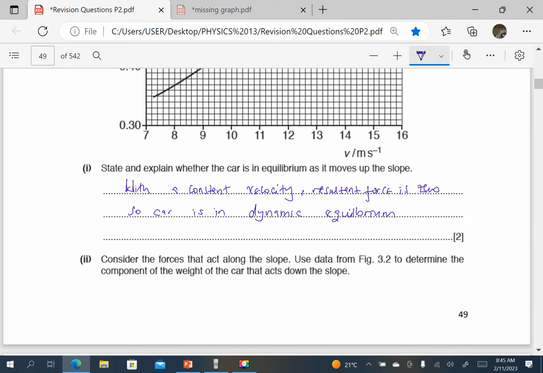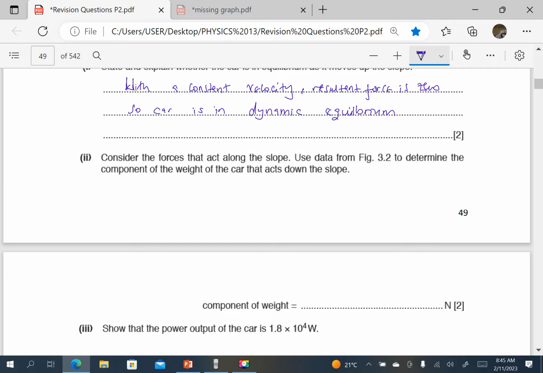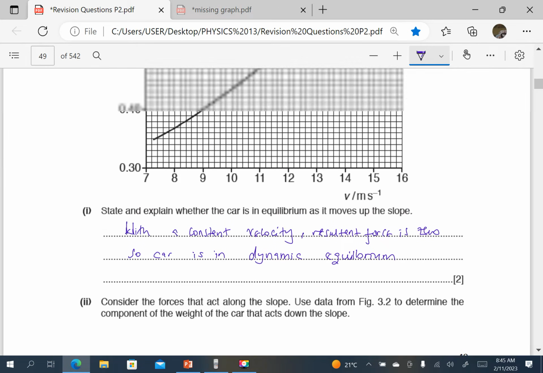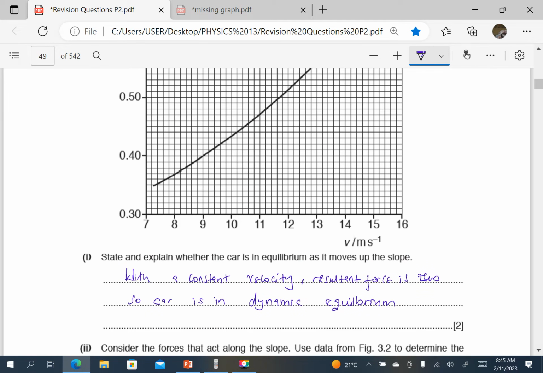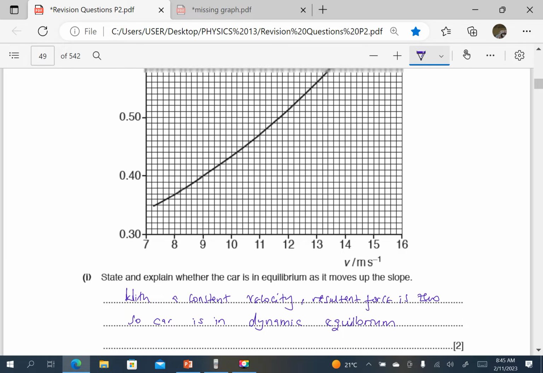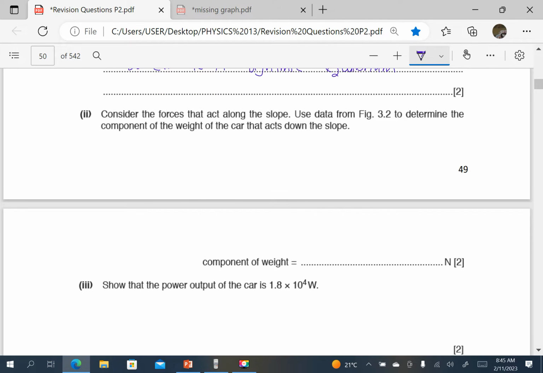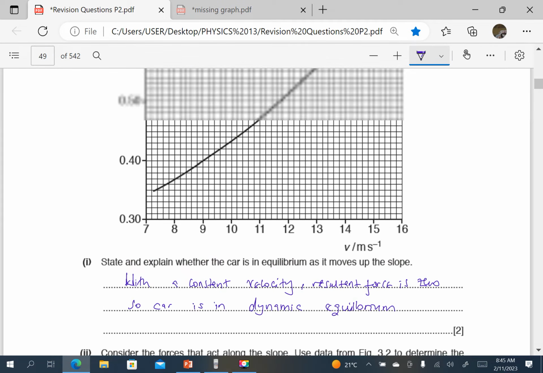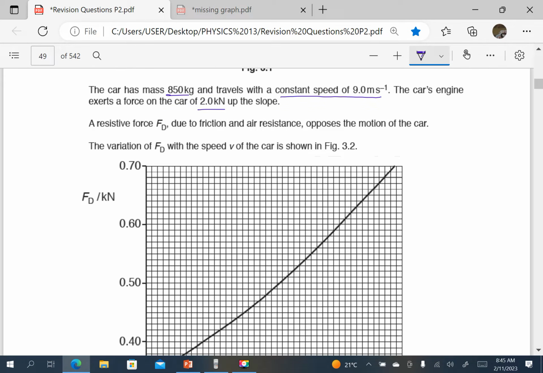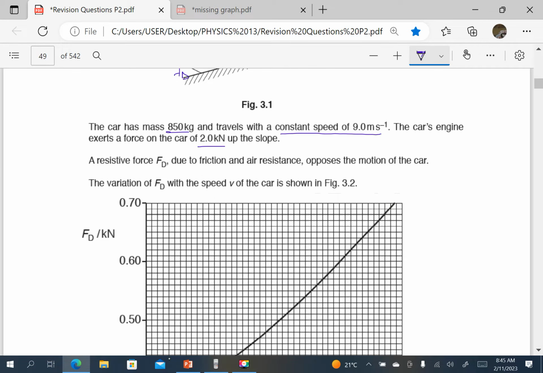So when we look at the figure here, the car has a mass of 850 and travels with a constant speed of 9 meters per second.